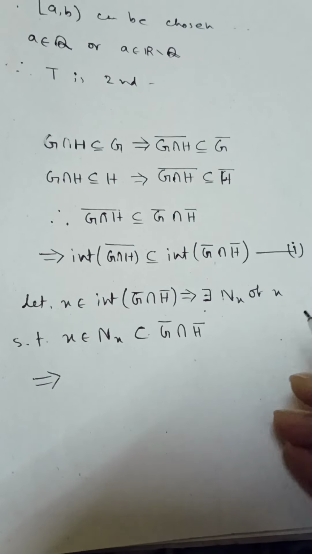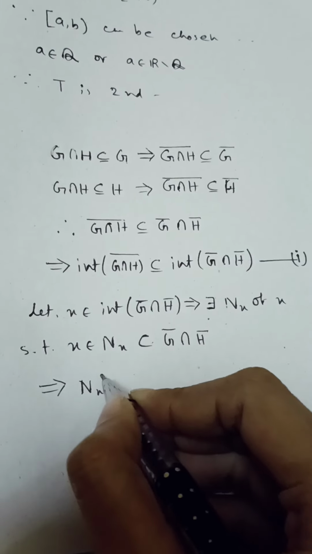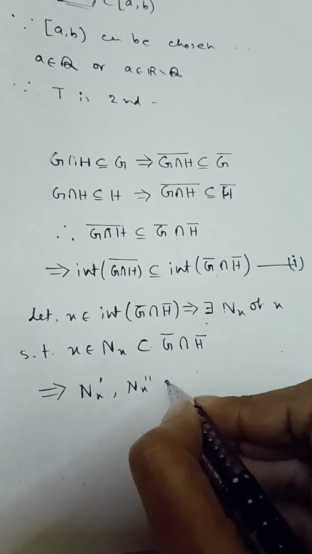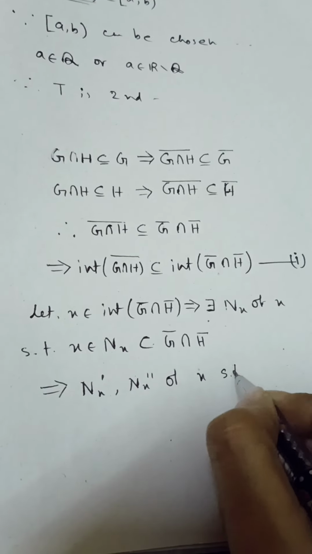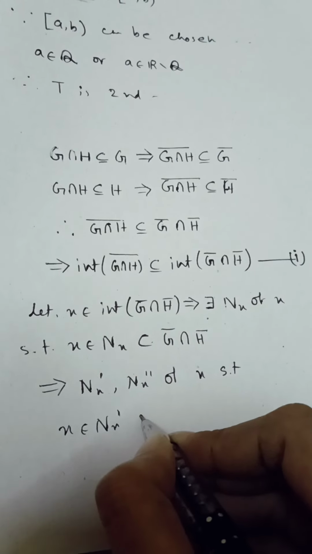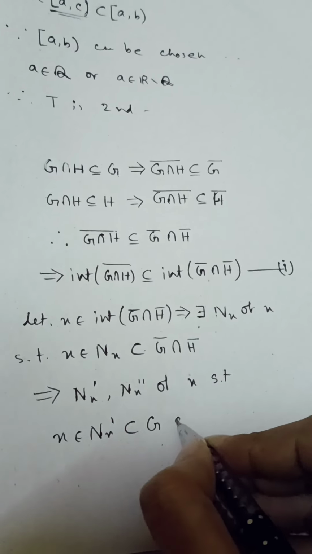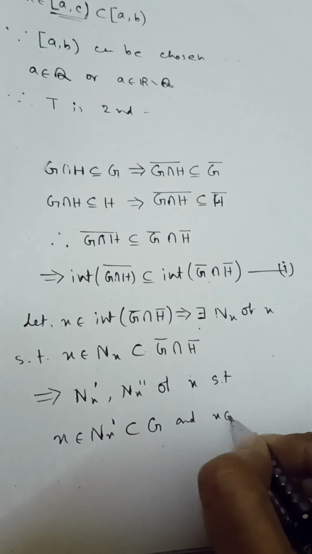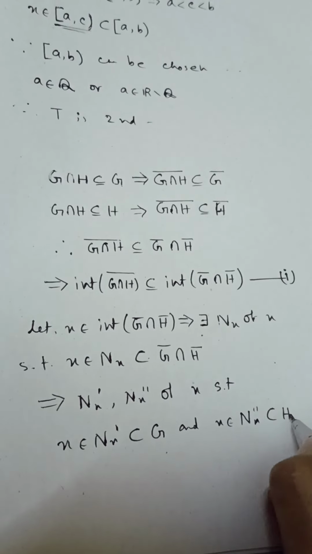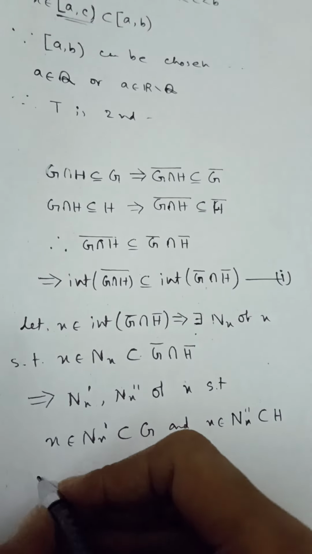Since G and H both are open sets, we can conclude that there must exist other neighborhoods Nx dashed and Nx double dashed of x such that x belongs to Nx dashed, a subset of G, and x belongs to Nx double dashed, a subset of H, since these two are open.